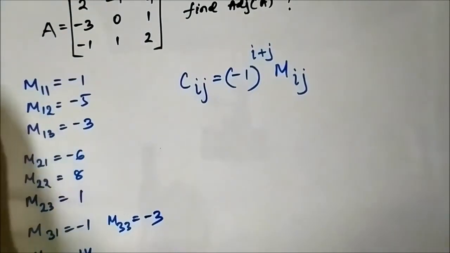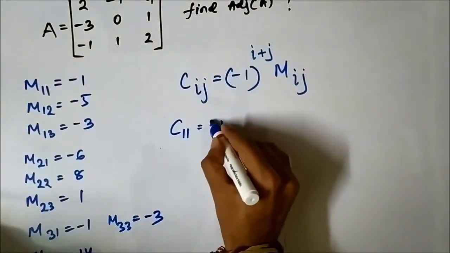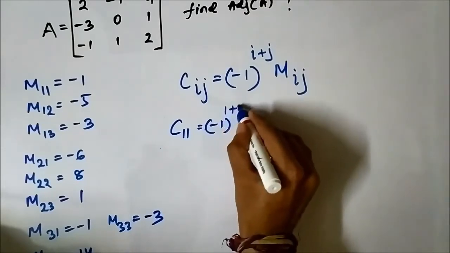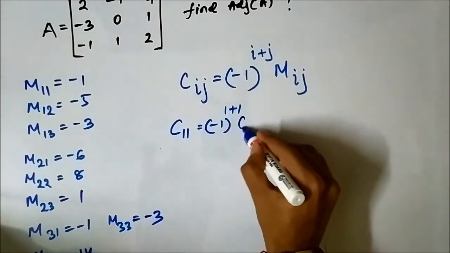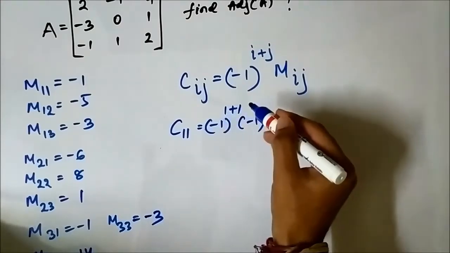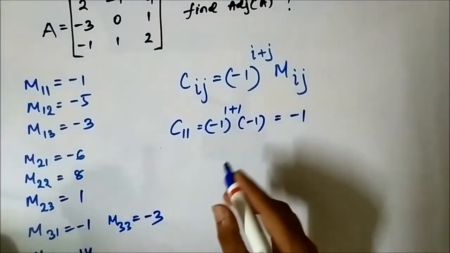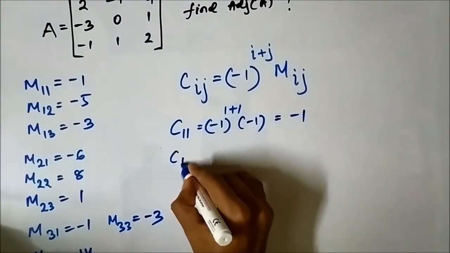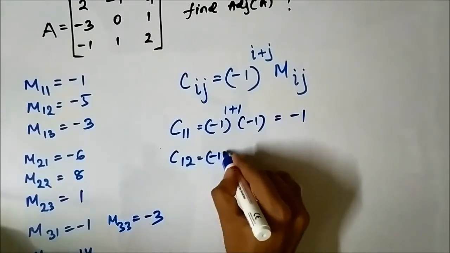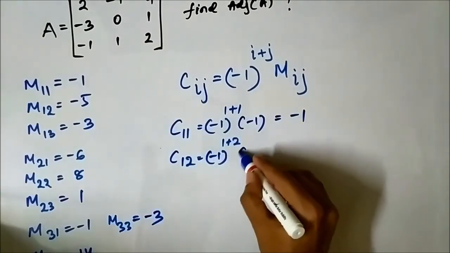So C11 will be minus 1 to the power 1 plus 1 into M11, which is minus 1. Minus 1 to the power even is 1, so C11 is minus 1. Similarly, C12 is equal to minus 1 to the power 1 plus 2 into minus 5.